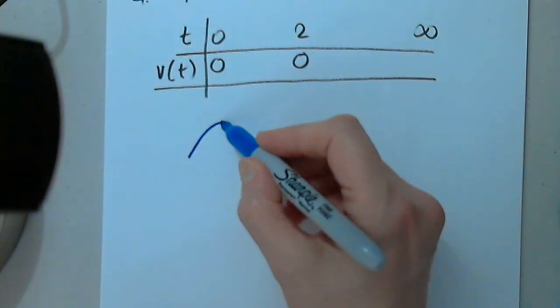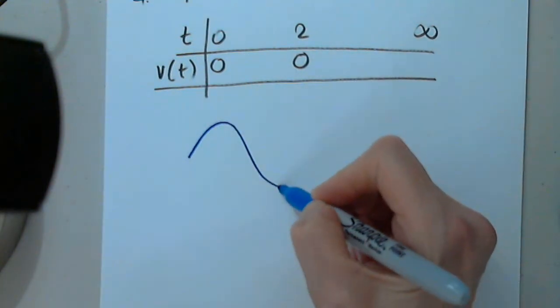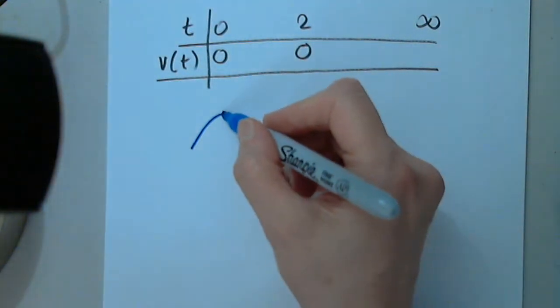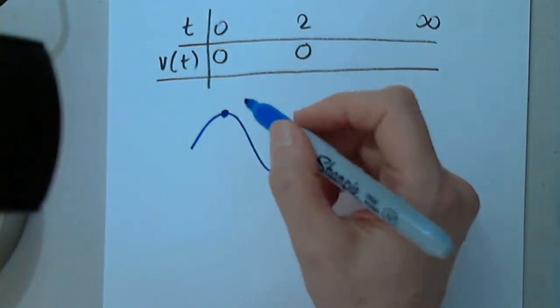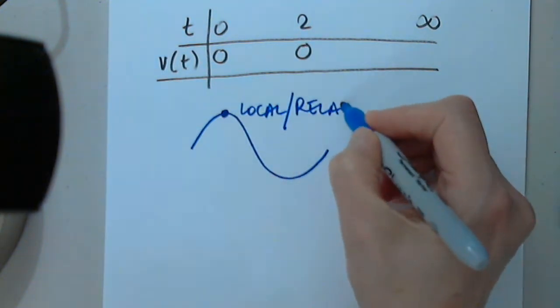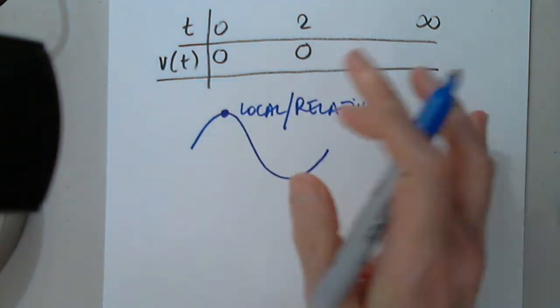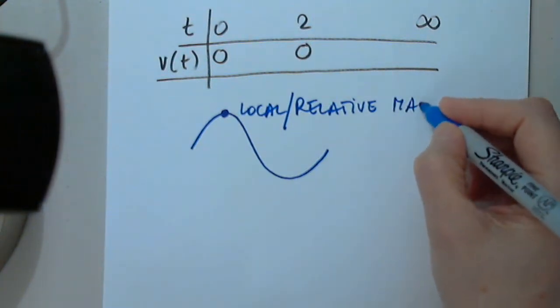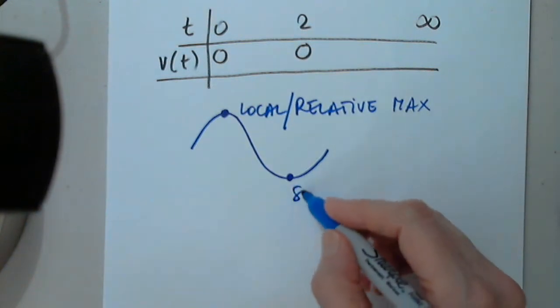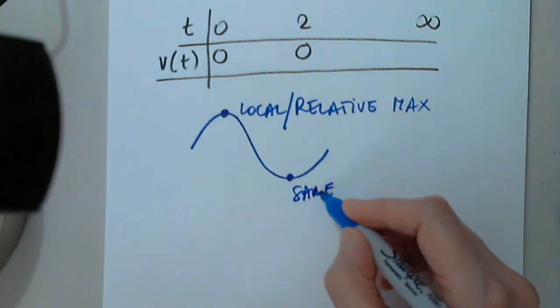So here is a function. Obviously, this function has a local, it's called local or relative, interchangeably, use the one you like, max. Obviously here, same thing, but min.